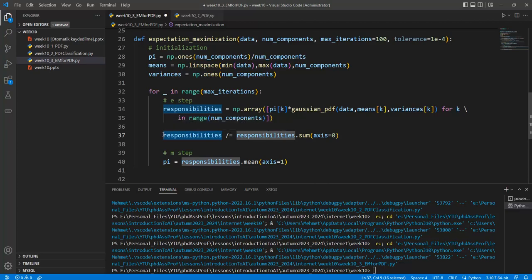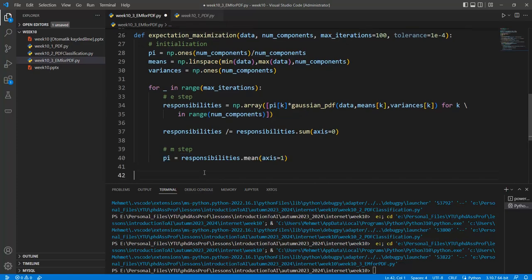Okay? And so we understand that 0.2 is responsible for class 1, and we need to update that pi by using these responsibilities, because we have the 0.2 effect on these pi values in this case.